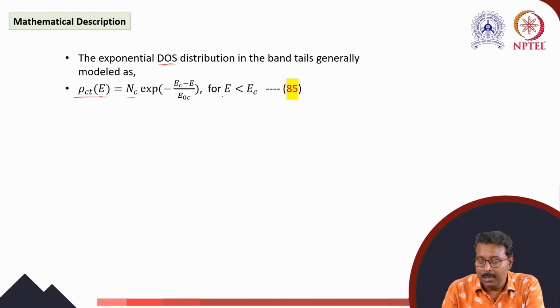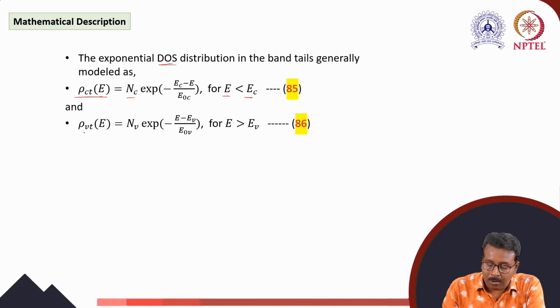Be careful, the energy E is less than Ec. And this Ec minus E is how far below the conduction band edge you are, which determines the value, and it comes with a negative sign that indicates it decreases. That's why, if you see the plot, it decreases exponentially, and it is shown in the last slide.